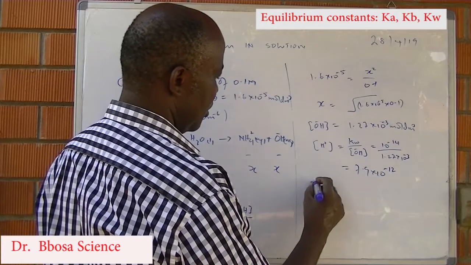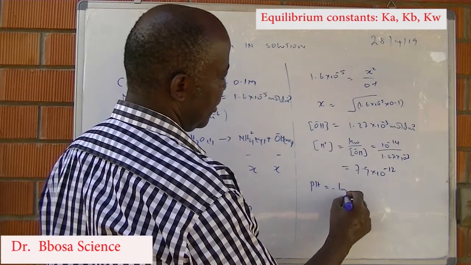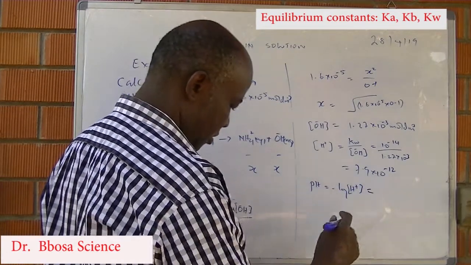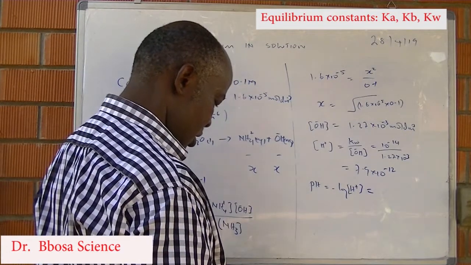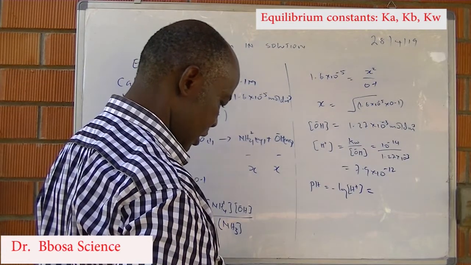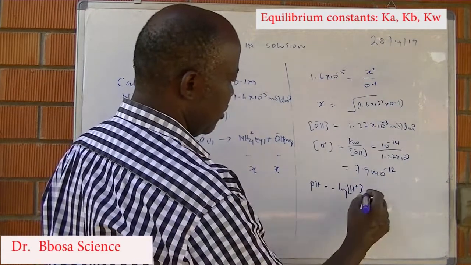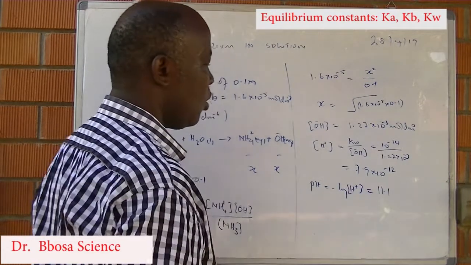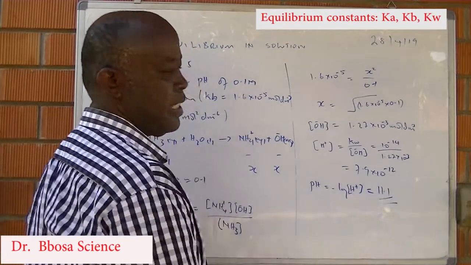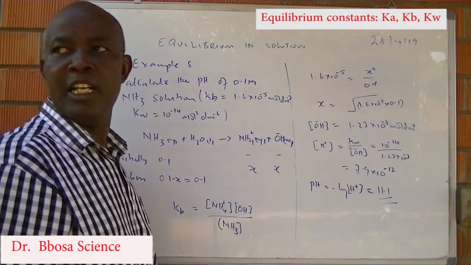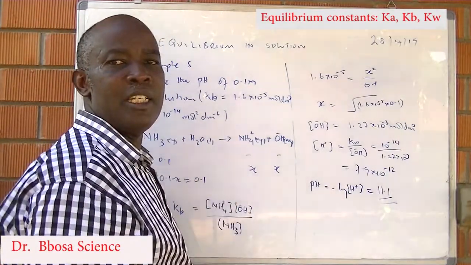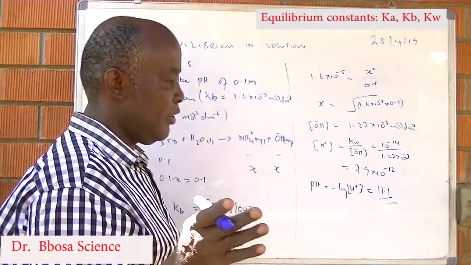But pH is equal to negative log hydrogen ion concentration, which is equal to 11.1. So if you calculate the pH of a base and it is less than 7, just know that your answer is wrong. Bases have pHs higher than 7.